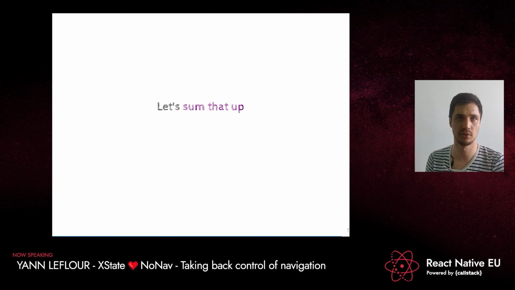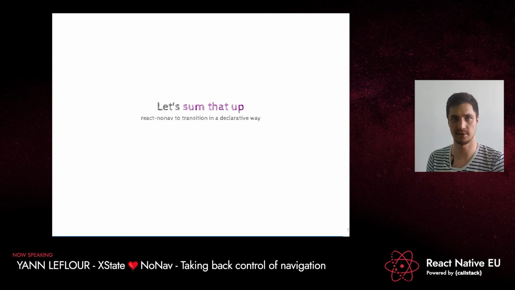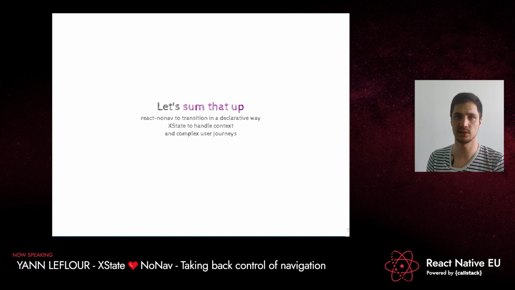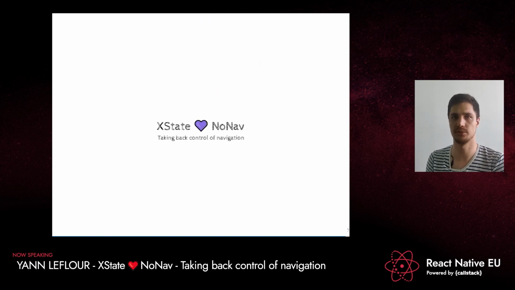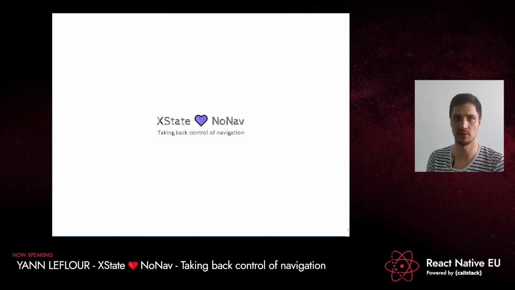So what we do is that we use React NoNav to handle transitions based on declarative props, and we use XState to handle our context and map complex user journeys. And this is why I really welcome you to try out taking back control of your own navigation with XState and NoNav.